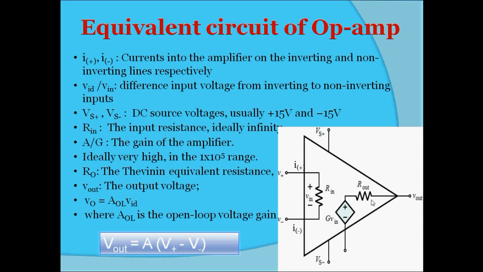This R out is the Thevenin's equivalent resistance when we are looking back into the output terminal, and G into VID or A into VID is the Thevenin's equivalent voltage source.